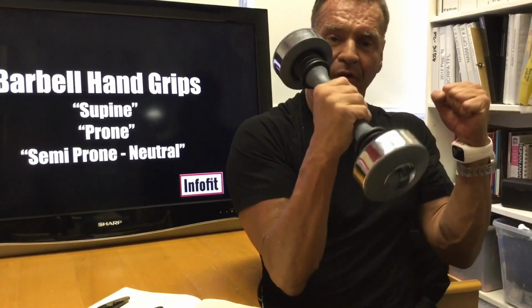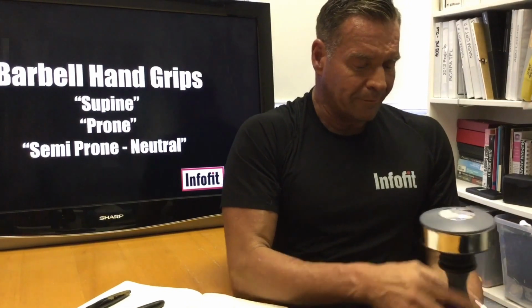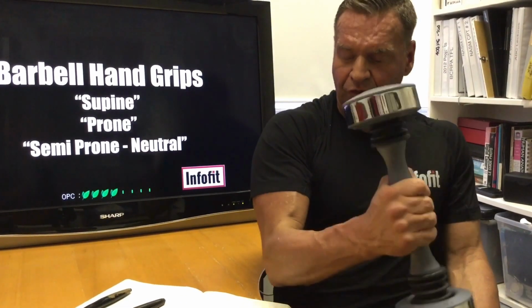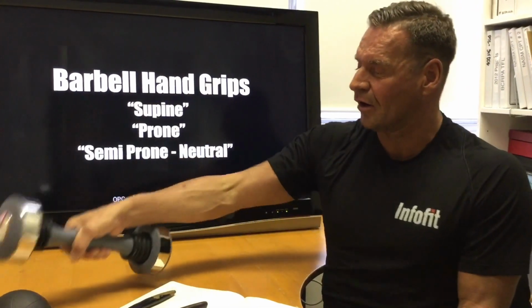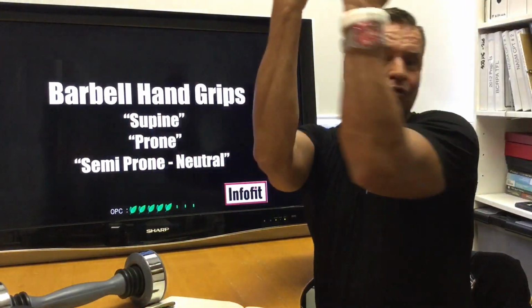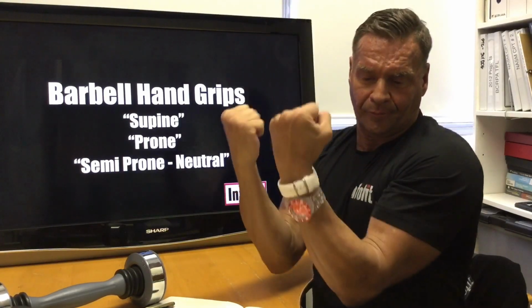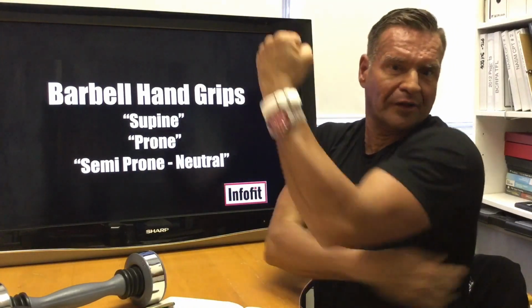So it's like a neutral grip. It's halfway between the prone and the supine, right? And this one will challenge your brachioradialis. Okay? So now you know a little bit better. So if you want to do a lat pulldown, for example, you grab in a supine grip, you will use your biceps, and you train your lats, right?